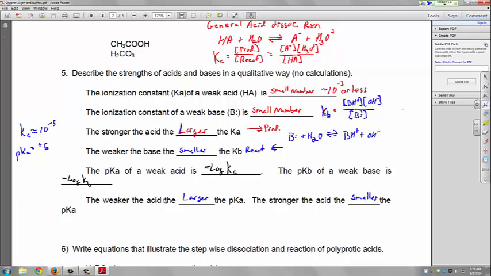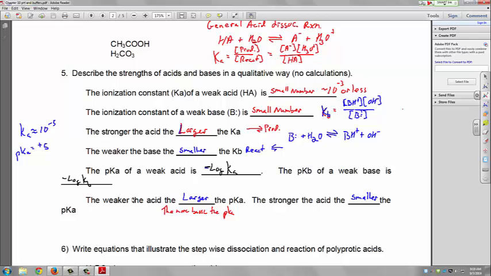One way to keep this straight is to remember the pH scale. We have low values of pH, less than 7, are acidic. So one way to think about pKa's is with regard to that pH scale. So the weaker the acid, you can think of it as the more basic pKa.